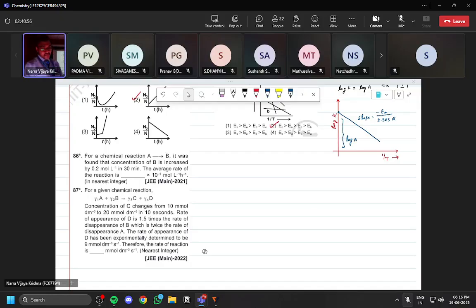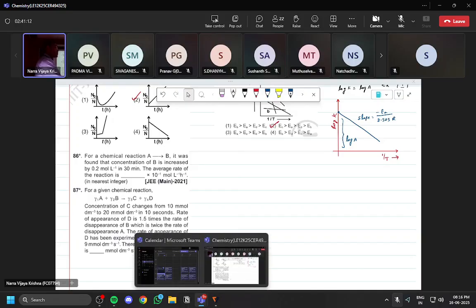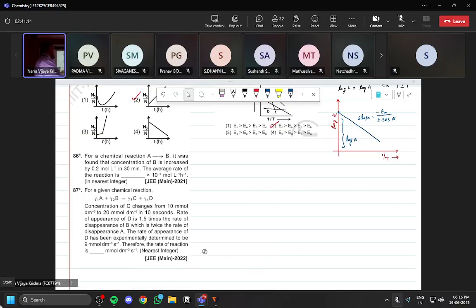Solve. For a chemical reaction A to B, it was found that the concentration of B is increased by 0.2 mole per liter in 30 minutes. Average rate. What is average rate? Total change in concentration by total change in time. So the answer is 0.2 divided by 30. Respond, sir.